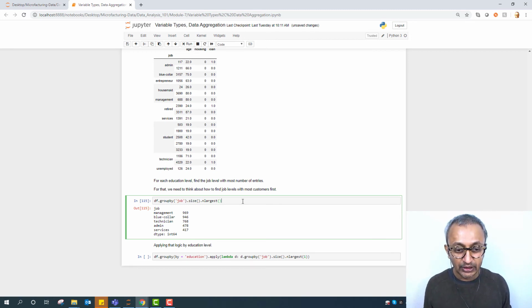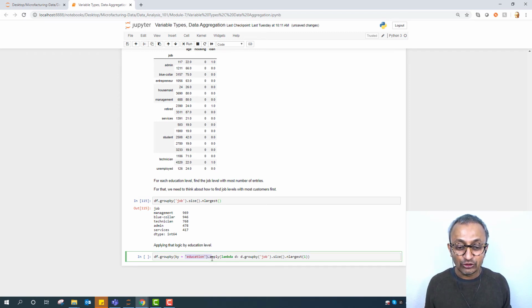But instead you have to apply it by education level. So you say by education, find the job level with the most number of entries. So by education, apply lambda d: d.groupby job, d.groupby job .size and nlargest.